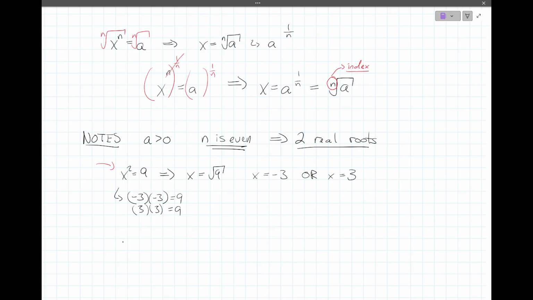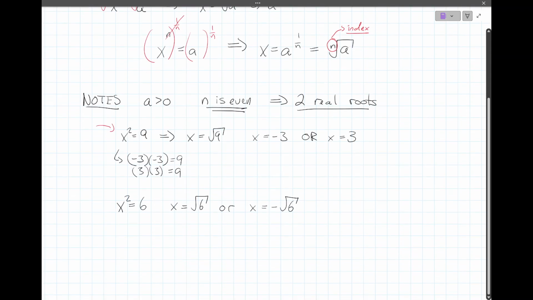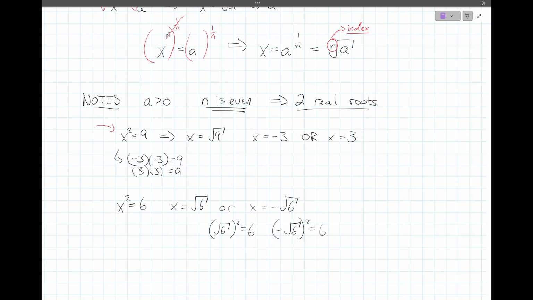So if I had a different number, even if I had x squared equals 6, x is equal to root 6, but that also means x is equal to negative root 6, right? Because both can work here. Root 6 squared is 6, and negative root 6 squared is 6. So anytime we square something, we're taking away the radical.